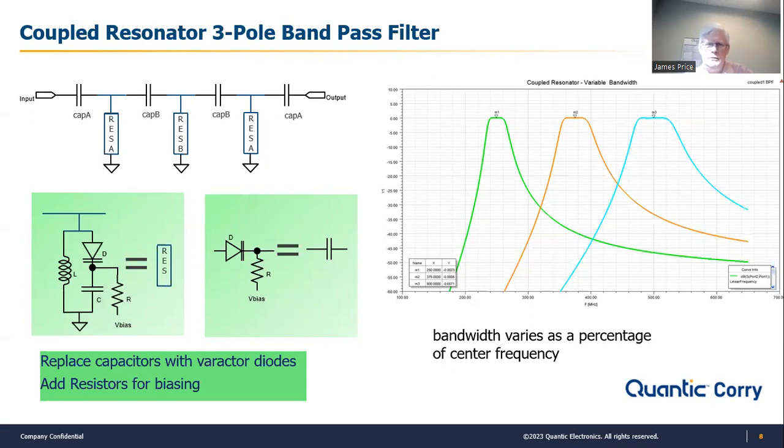This can be achieved just by varying the capacitances in all those different legs that you see on the circuit to the left. So it's quite a few capacitors to vary, right? You've got one in each of the resonators to ground, and then you've got the 4 in series. So you're varying 7 capacitors in just the right way to get the response that you see over on the right.